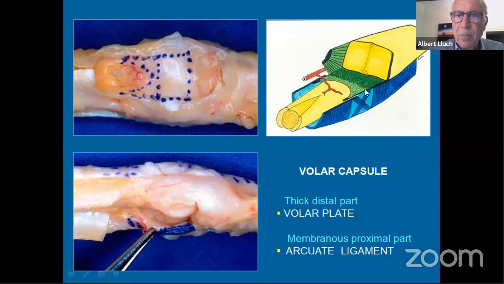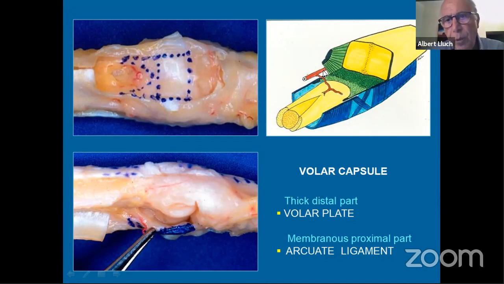This is the distal part of the volar plate, which is a fibrous tissue, really thick. And then there is a membranous proximal part, which I think the right name is an arcuate ligament, because it makes like an arch. And this arcuate ligament is the one that flexes when we flex the PIP joint.